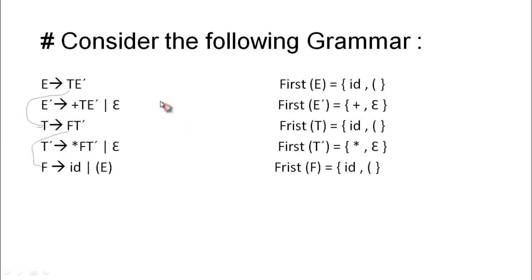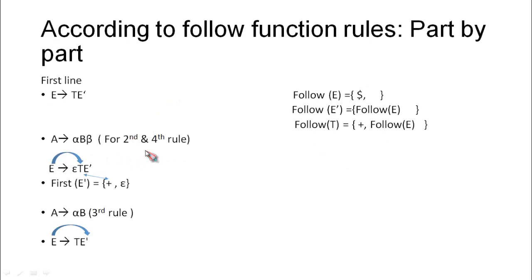For the second and fourth rules, the production A implies alpha B beta: here A is E, alpha is epsilon, B is T, and beta is E prime. Why this epsilon? Because we need alpha, and epsilon multiplied with something gives the same result.